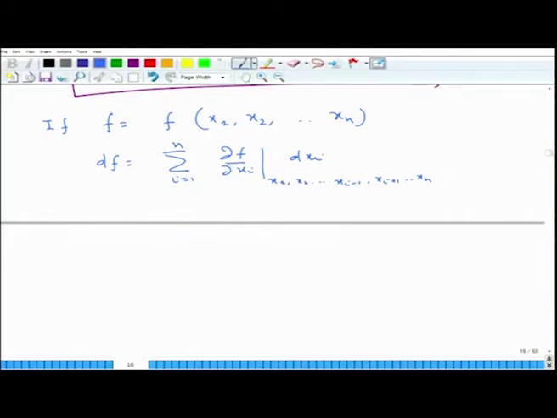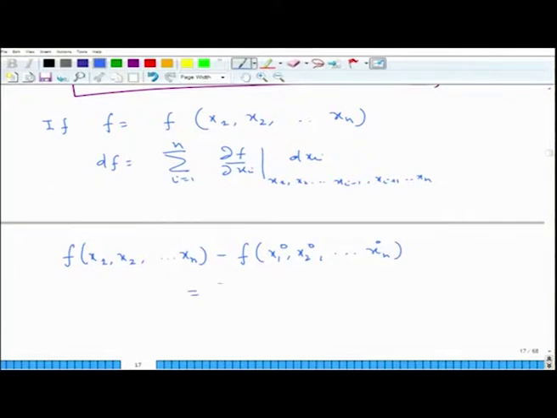We can integrate this also. So, if you integrate this from x1 zero to x1, then we can get something like this: f of x1, x2 minus f of x1 zero, x2 zero.